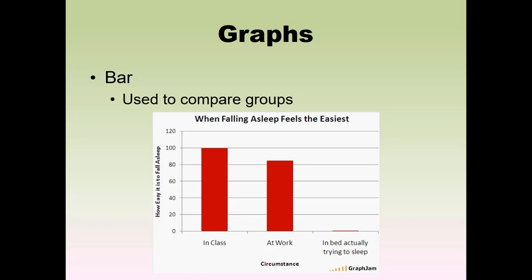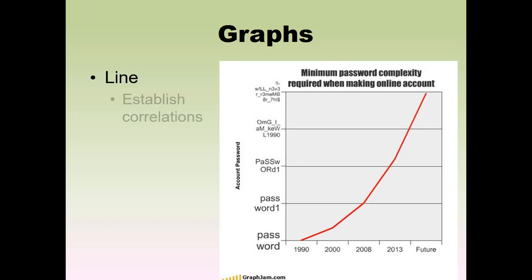The other type of graph we'll primarily talk about will be the line graph. A line graph is where we're trying to establish a correlation, typically. So here we're trying to establish the correlation between the complexity of passwords over time. So as time goes on, how has the complexity changed?